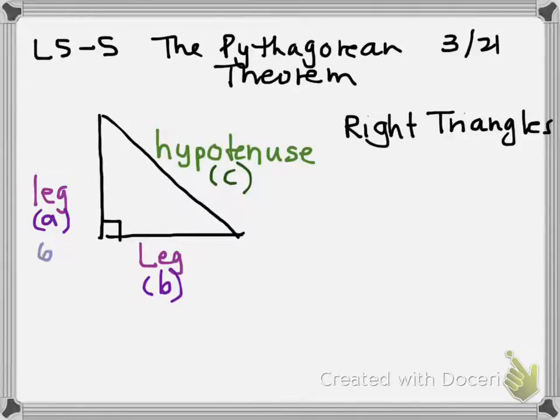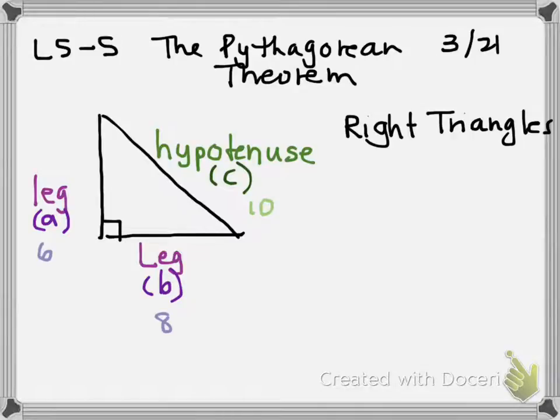Leg A has a value of 6, leg B has a value of 8, and the hypotenuse has a value of 10.